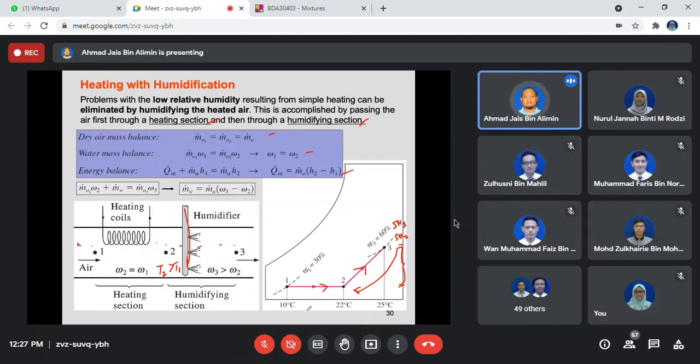Going to the right means that you increase the temperature. So T3 is higher than T2, higher than T1. And then, of course, the specific humidity is higher than the initial conditions. Right. And also, there are changes in the relative humidity.